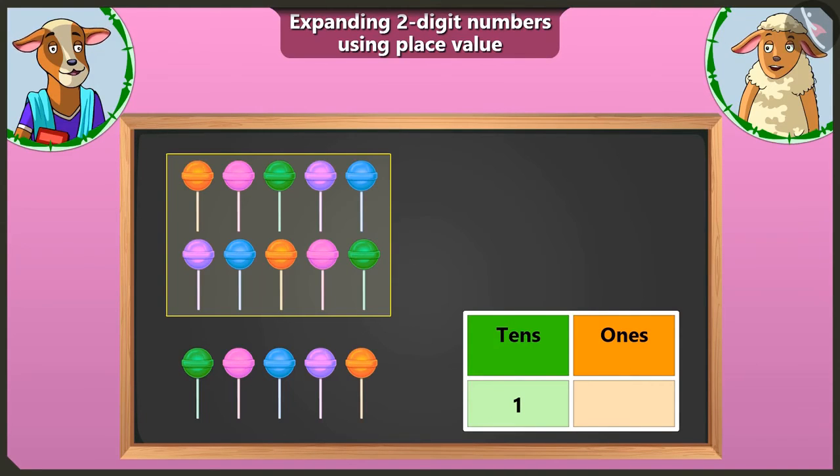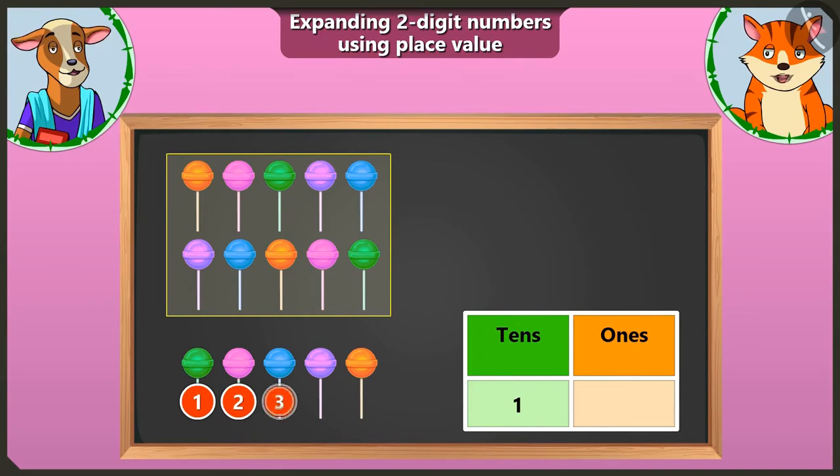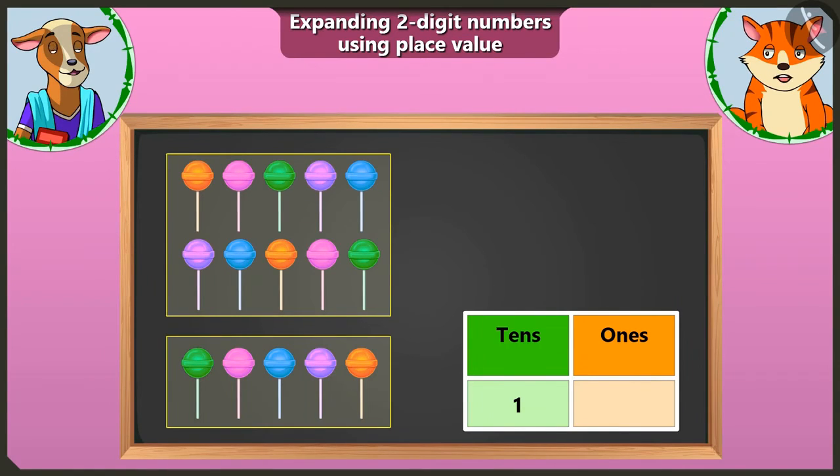Now tell me, Billy, besides the group of 10 here, how many lollipops are left with which a group of 10 cannot be made? Now see, there are 1, 2, 3, 4 and 5 lollipops left, with which a group of 10 cannot be made.